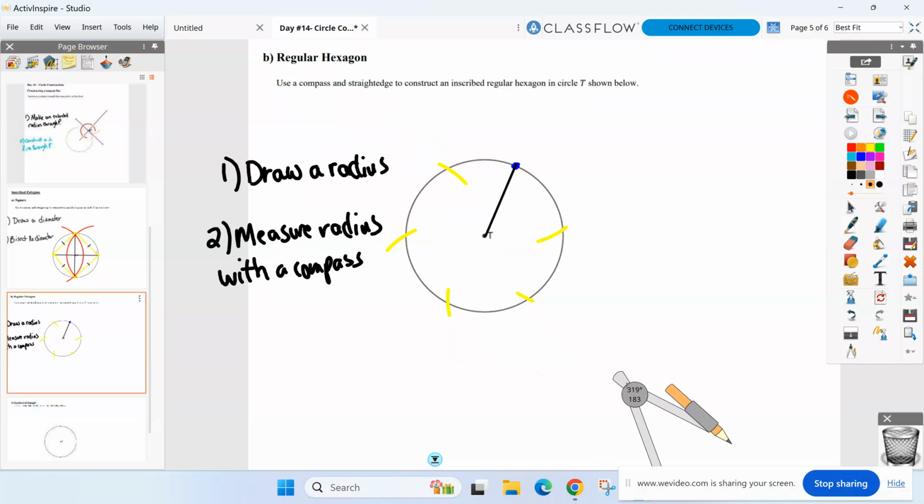Good. I see a lot of you, that's nice, you don't have to, but I see a lot of you marking the point where they all intersect the circle. And now we draw our chord. Now I have 6 arcs, 6 chords.